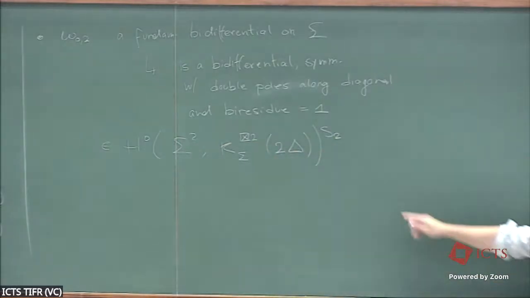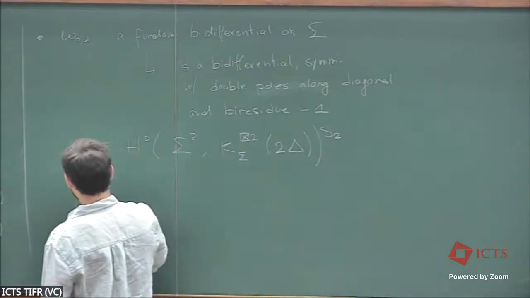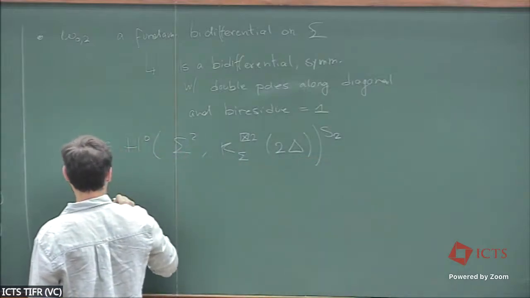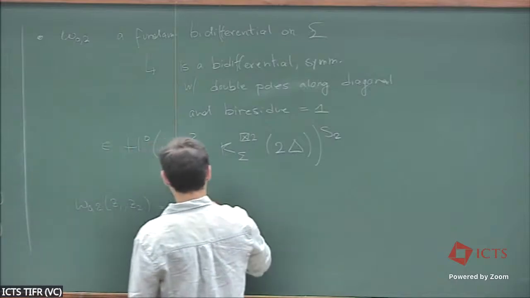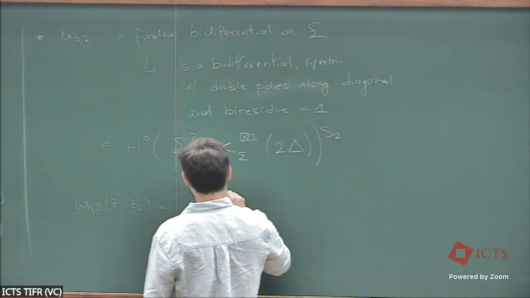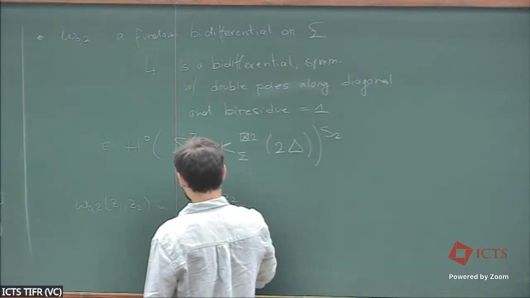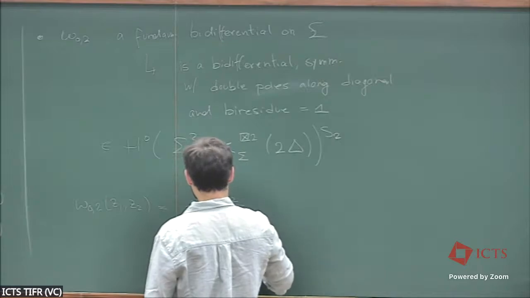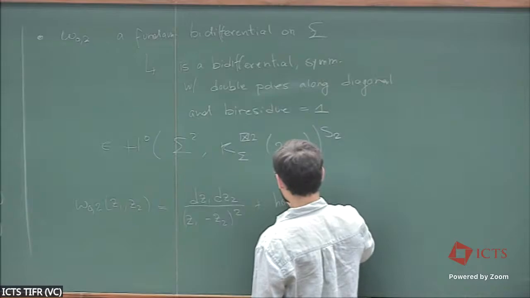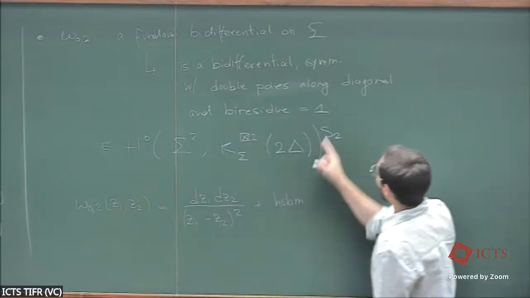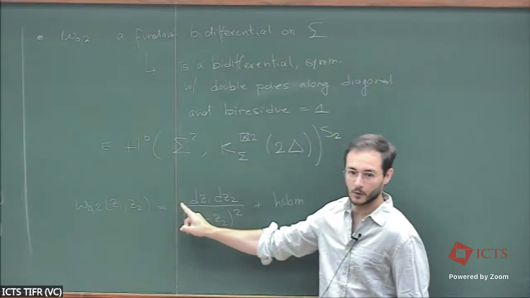And having biresidue 1 means that if you take any local coordinate and you express this in local coordinates, you will find something like dz1 dz2 over (z1 minus z2) squared plus something holomorphic. And having biresidue 1 means that the coefficient of this expression is equal to 1. Okay.